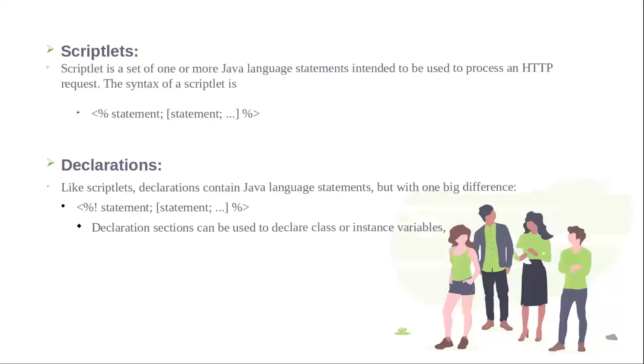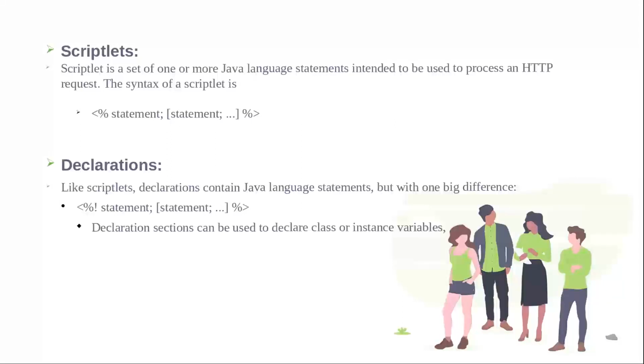Scriptlet code becomes part of the _jspService method, whereas declaration code is incorporated into the generated source file outside the _jspService method. Here again, open angular brackets, percentage sign, exclamation mark, statements, percentage sign, close angular bracket.